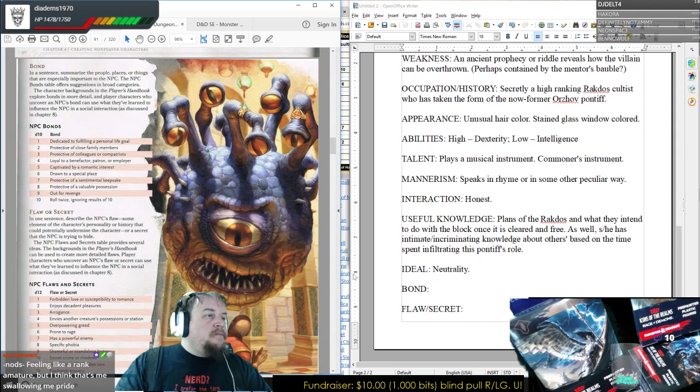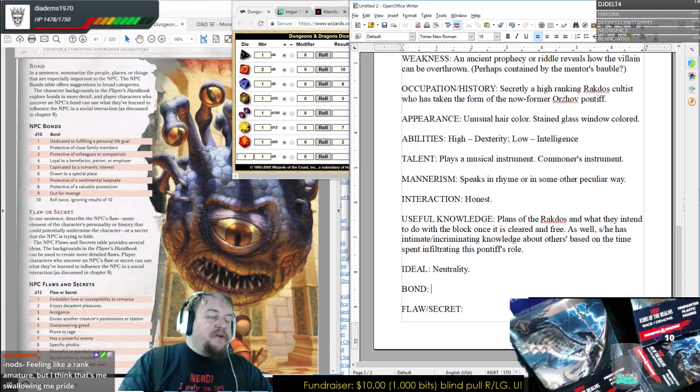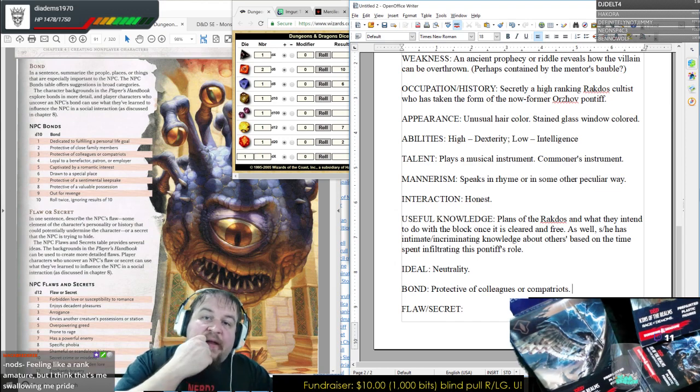Okay, his bond is a D10. 3. He's protective of colleagues or compatriots. Which could mean that he would try and wiggle out of having justice brought to him, right?